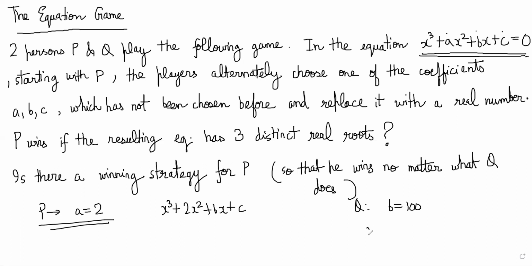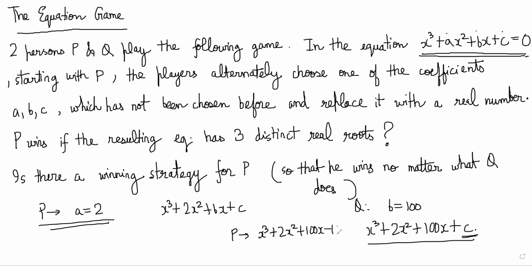So x cubed plus 2x squared plus 100x is now the equation. And then P can put any value of C, so maybe he puts C is equal to minus 10 finally. So you get x cubed plus 2x squared plus 100x minus 10. Now, if this equation has three distinct real roots, P has won, and if it does not, Q has won, right?